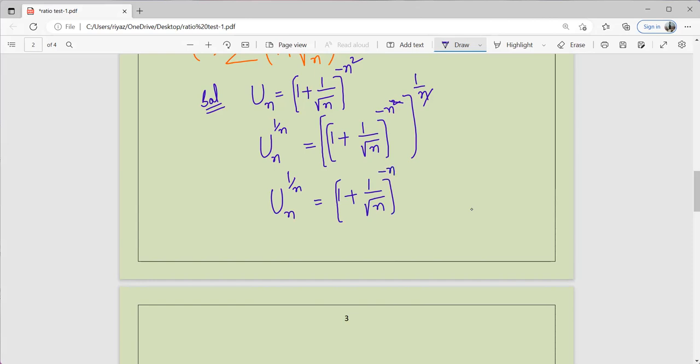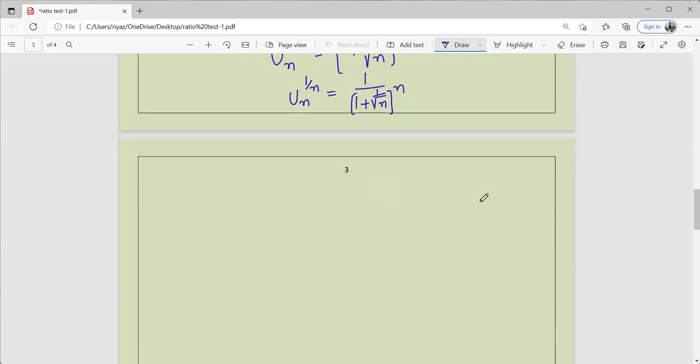So anything with negative power, write it as 1 by 1 plus 1 by n whole to the power of n. Clear, this step? Power negative, so we write it in 1 by form, that's all.